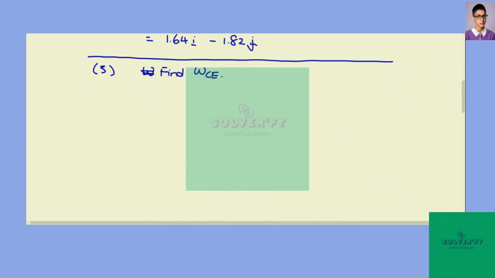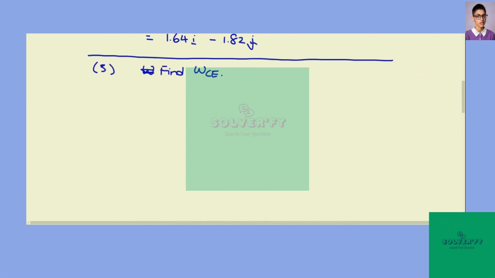Using the relative velocity equation again, VC equals VD plus omega CD cross the position vector of C relative to D. VC is going to move to the right, and VD is 1.64I minus 1.82J, plus minus omega CD.